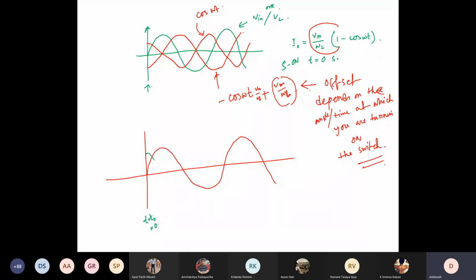It will be something like this only. I have to check the frequency, etc. Basically, this waveform will be shifted, right? This minus cos omega t will be shifted to this value. That will be your I0 part. And sorry, no, it will start from 0 because it cannot start from a vertical value.